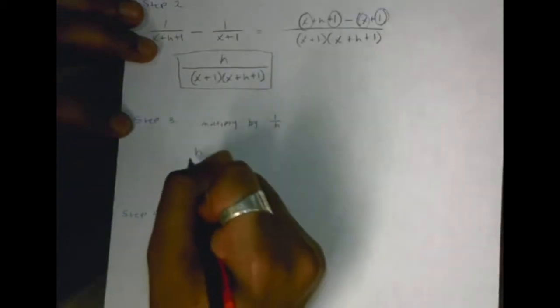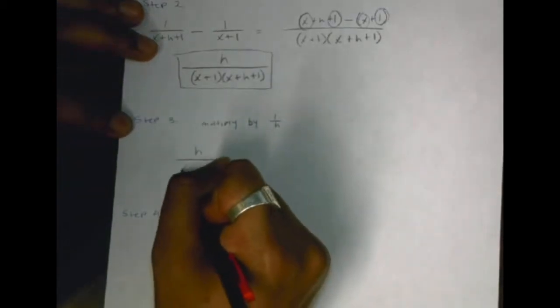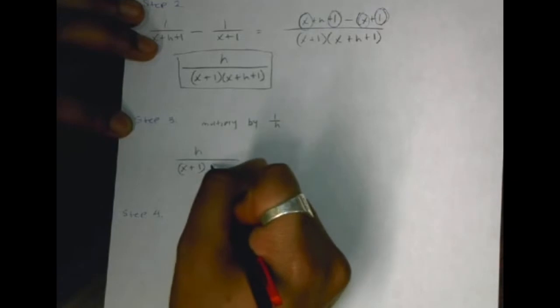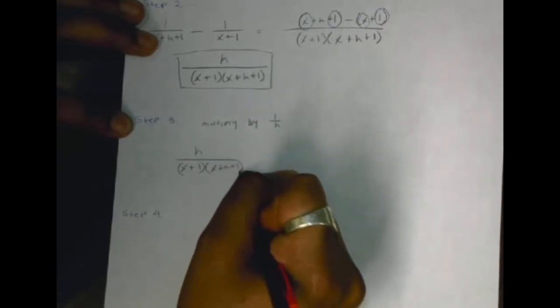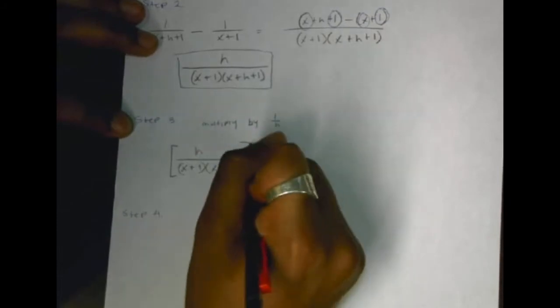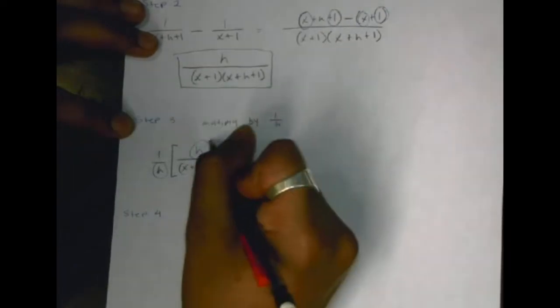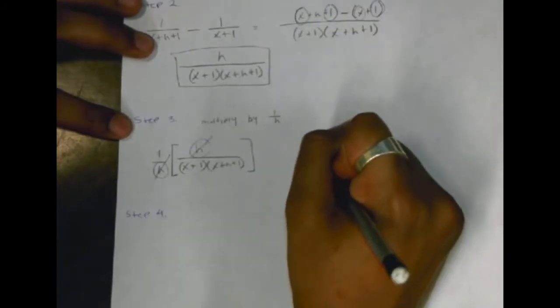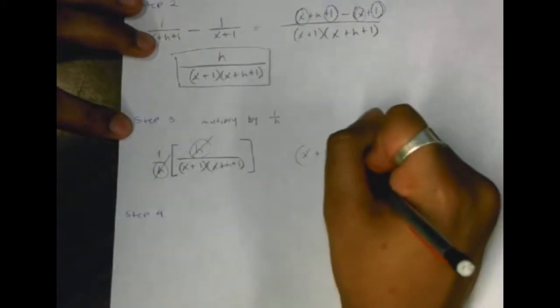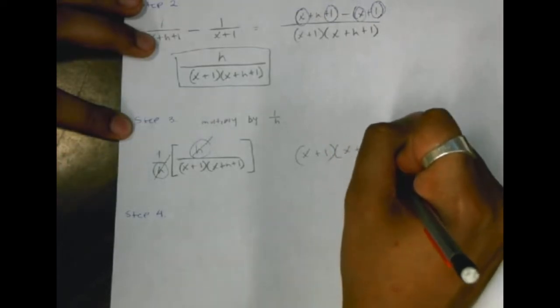So I have h over x plus 1 times x plus h plus 1, and we multiply that by 1 over h. Now there are two h's, and those cancel out. So we're left with just 1 over x plus 1 times x plus h plus 1.